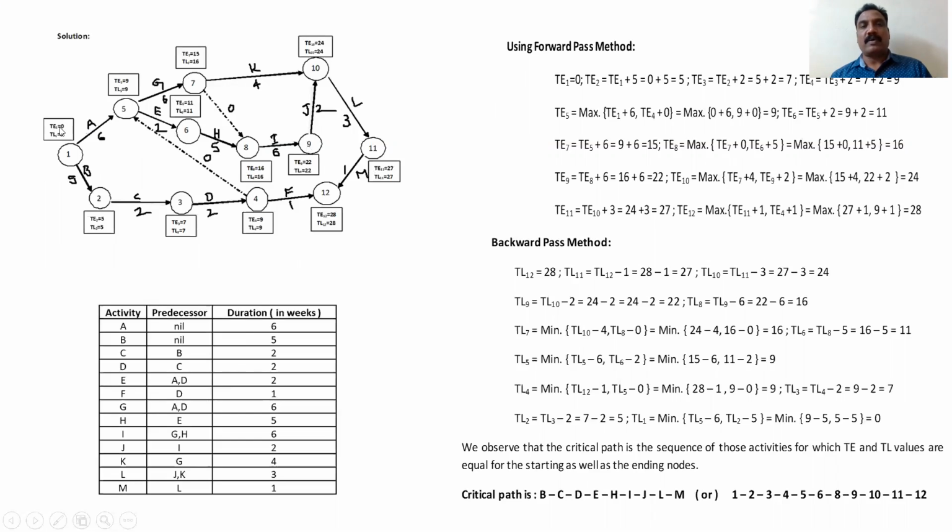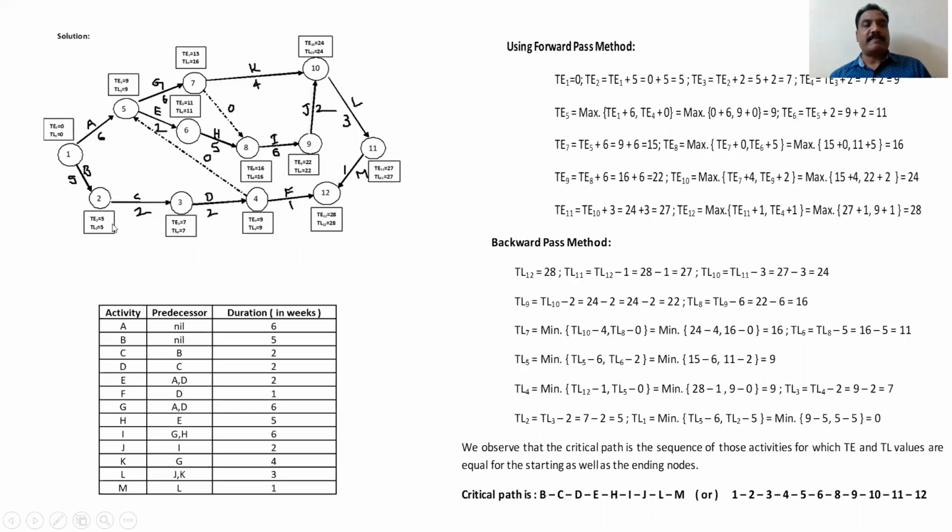TE is equal to 0, the starting node is always equal to 0. We must start with 0. Then go to the next, 1 to 2, that is activity A, 1 to 5, whose duration is 6. So TE1 is 0.